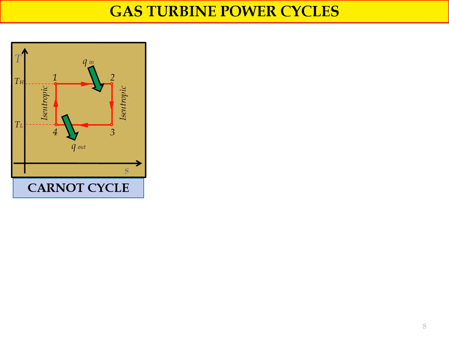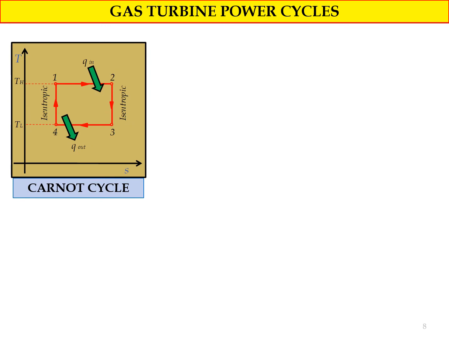Gas turbine power cycles. We already looked into the main components of the gas turbine, and also the applications of the gas turbine, from the jet and from the power plant. Now we look into the gas turbine power cycle. First, we look into the Carnot cycle.